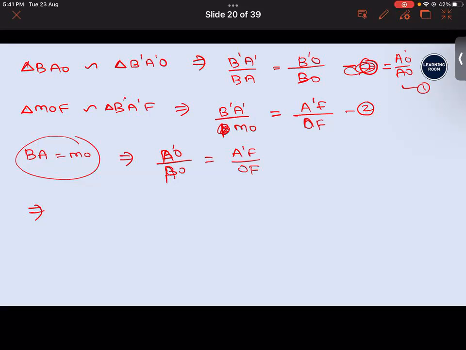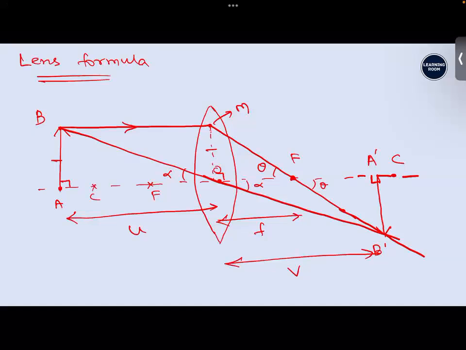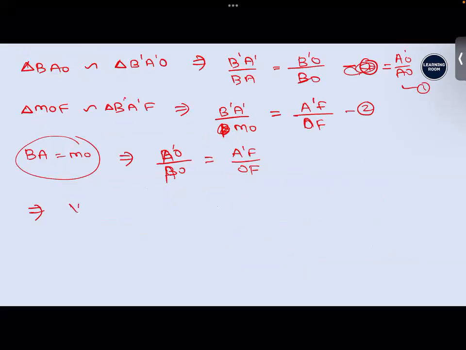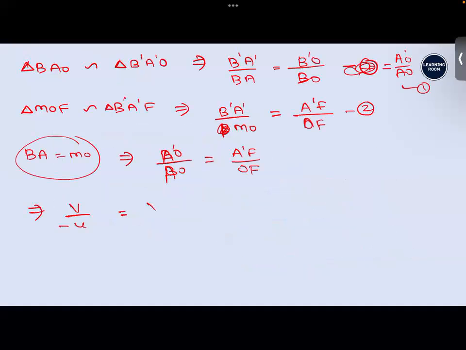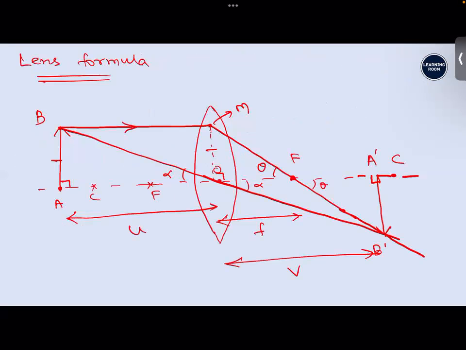So what is A dash O? A dash O is V, divided by what is AO? Minus U, is equal to what is A dash F? V minus F. What is OF? OF is F only.